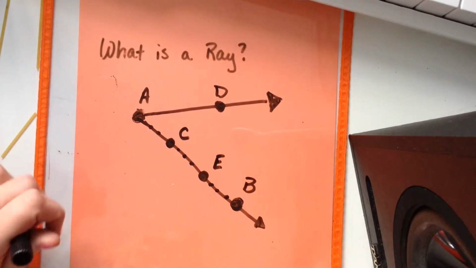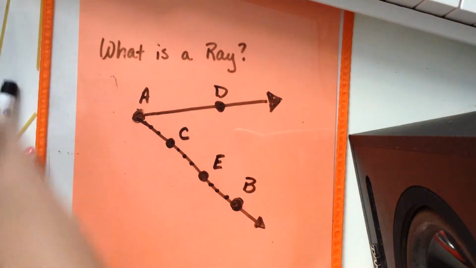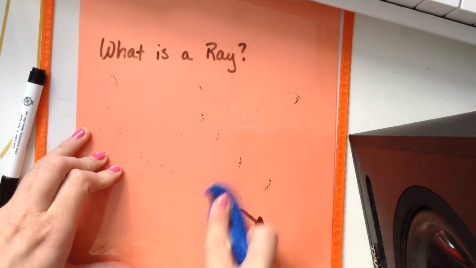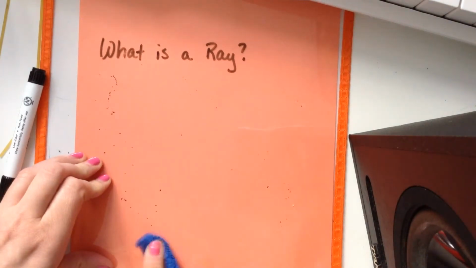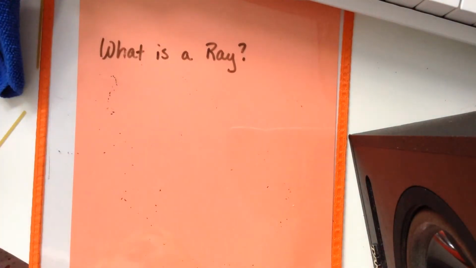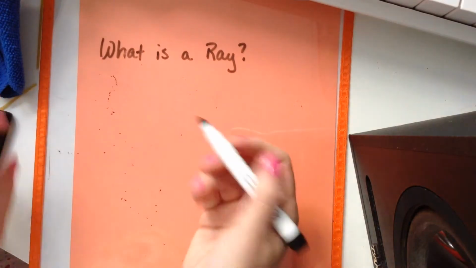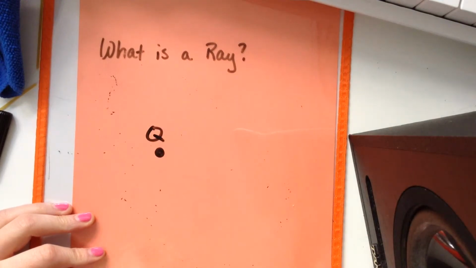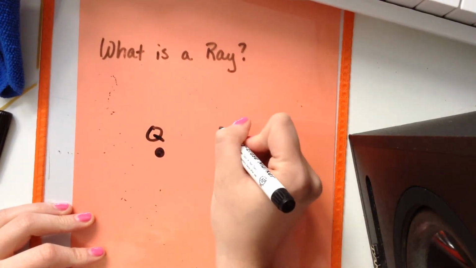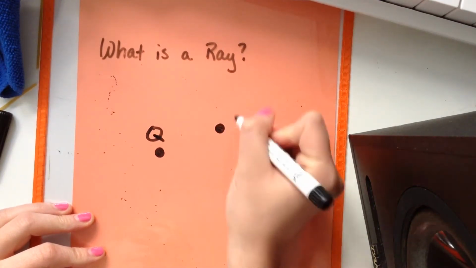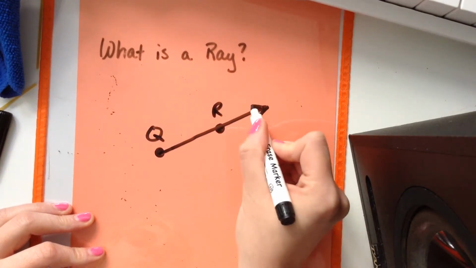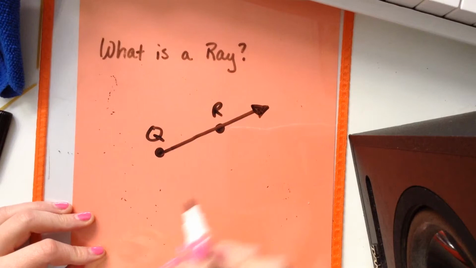Now we need a way to name this. Each point gets a name, but how do we name the ray? So let's start with Q. Here's your point Q, and here's point R. We're going to go through it like that with an arrow. So how do we name it?